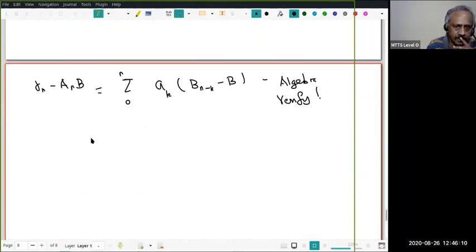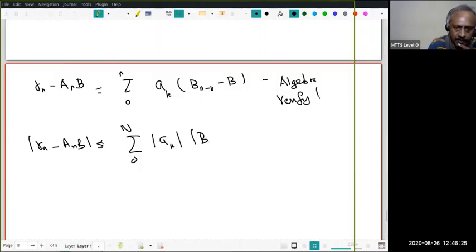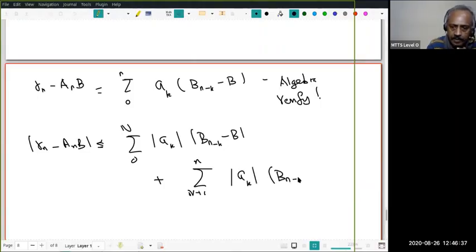Therefore, modulus of gamma n minus ab is less than or equal to summation 0 to capital N of mod a_k into mod (b_{n-k} minus b) plus summation N plus 1 to little n of mod a_k into mod (b_{n-k} minus b).